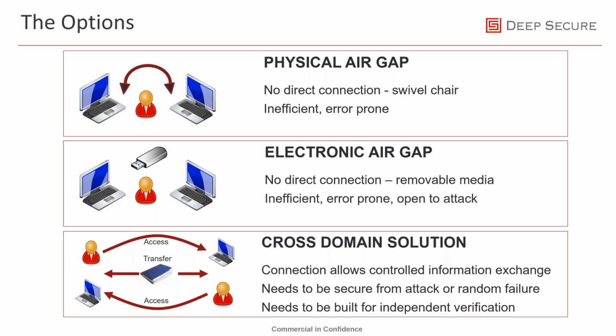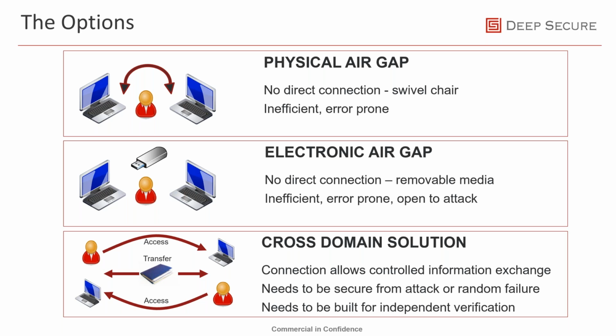So what does that mean? It means no electronic connection. So great, no danger of importing malware. The user switches between desktops, copy typing information from one screen to the other. It's really good for security, but of course it's inefficient, error prone, not good for business at all.